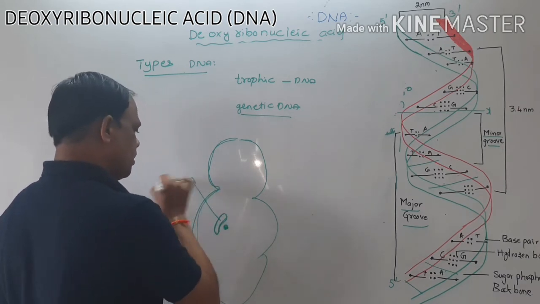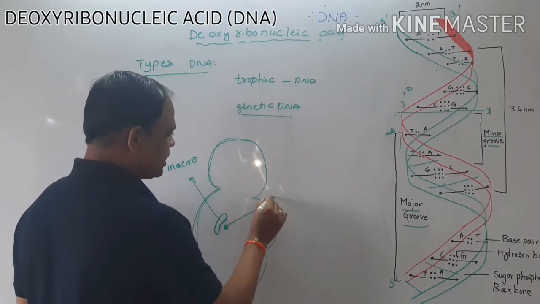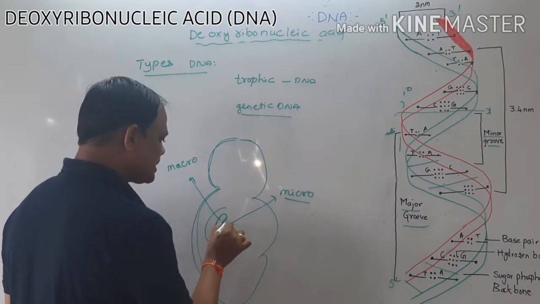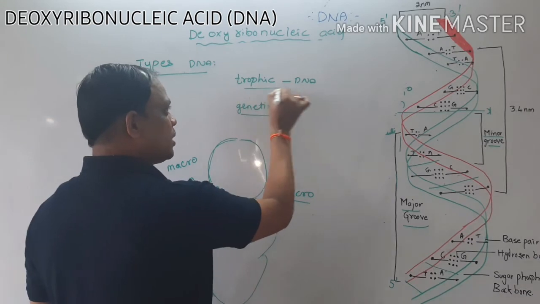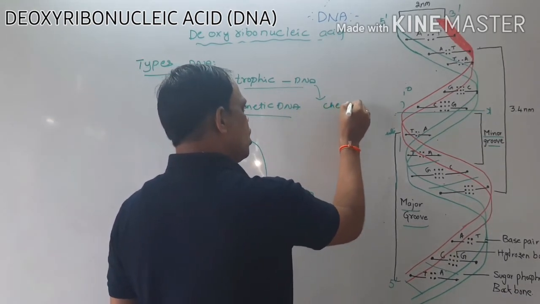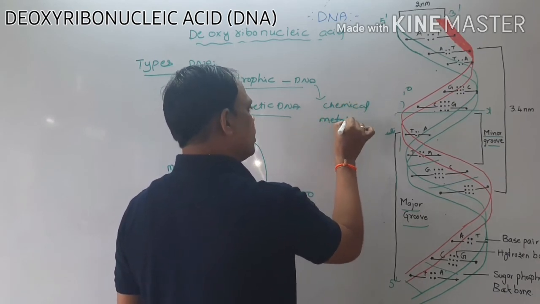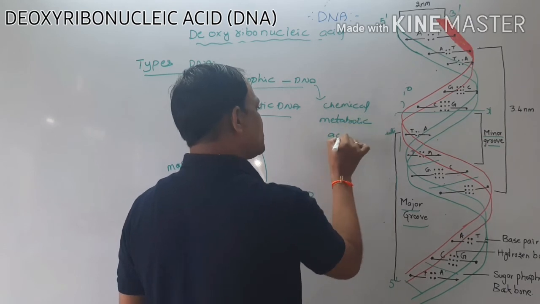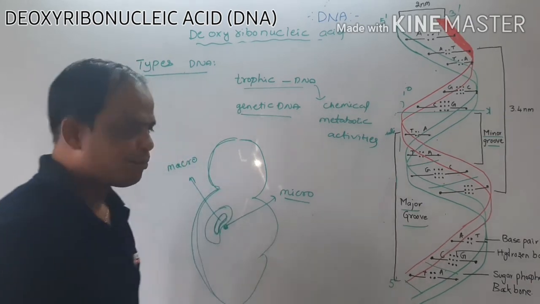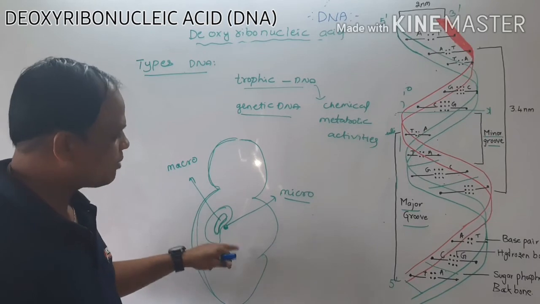This is the macronucleus, and this one is the micronucleus. The macronucleus acts in all the chemical activities; it is involved in all the chemical and metabolic activities of the cell. This type of DNA performs all chemical and metabolic activities inside the cell.